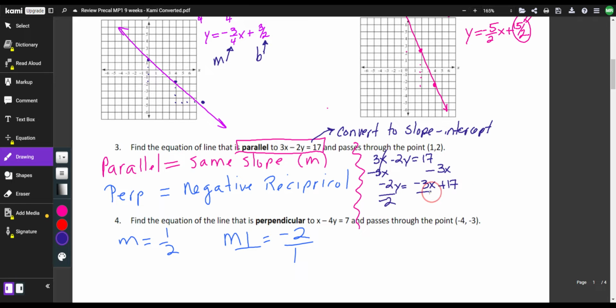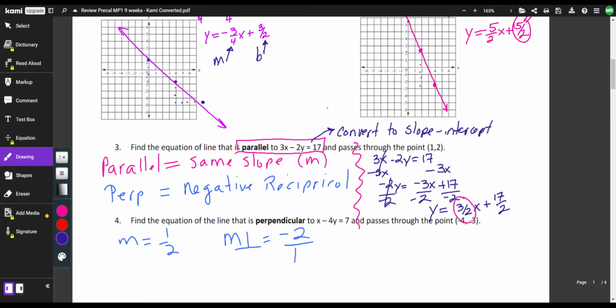Divide by negative 2. Get y equals 3/2 x plus 17/2. Okay. So check it out. That's the equation of this line with the slope of 3/2 and a y-intercept of 17/2.